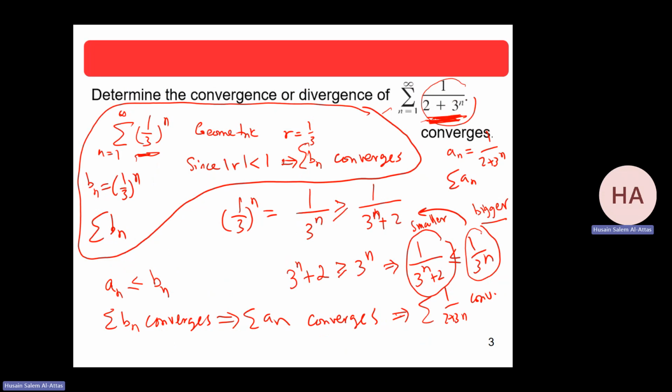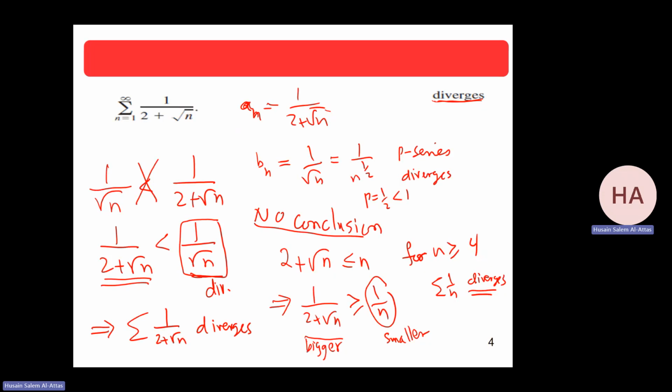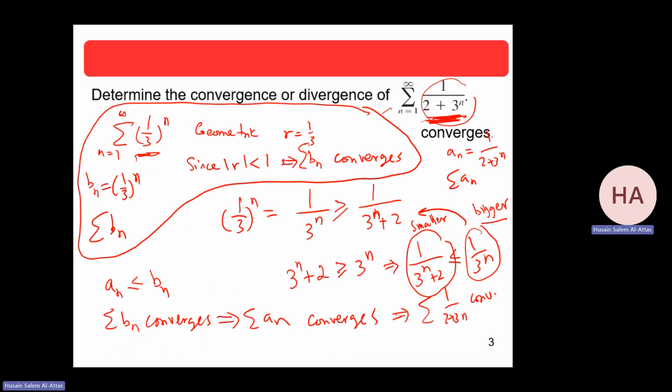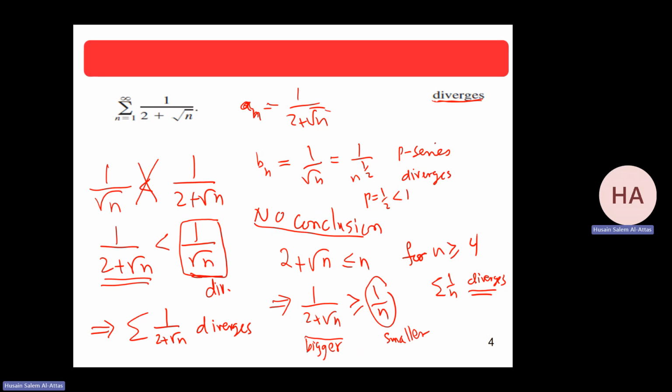I hope these two examples make it clear, especially this one. When I try to do it like what I did in the first one, there is a problem. The bigger one diverges. That will tell me nothing about the smaller one. I don't know, the smaller one maybe diverges, maybe converges. So here I have no conclusion.